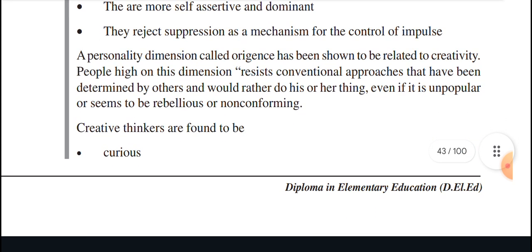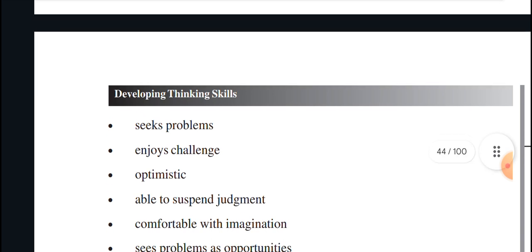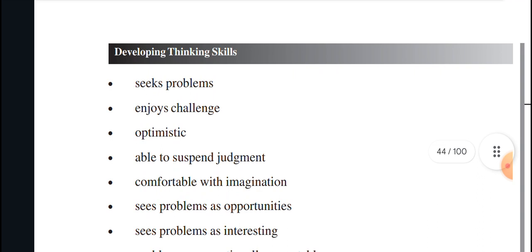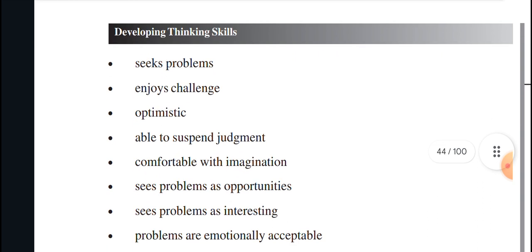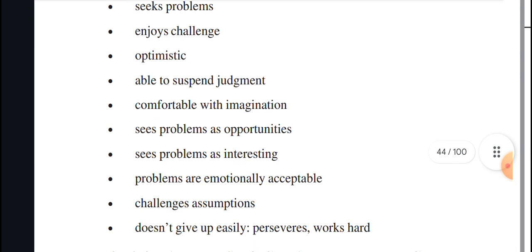Creative thinkers are found to be curious, seek problems, enjoy challenge, optimistic, able to suspend judgment, comfortable with imagination, see problems as opportunities, see problems as interesting, find problems emotionally acceptable, challenge assumptions, do not give up easily, persevere, and work hard.